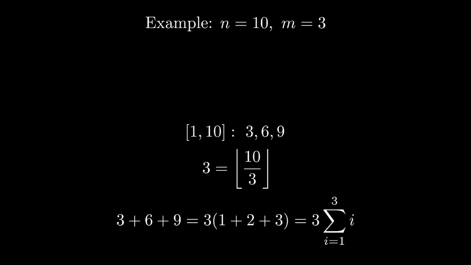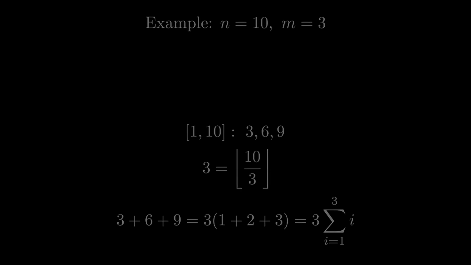Naturally, we can generalize this concept to any integers n and m. So how do we do that? We have determined already that there are three numbers from 1 to 10. In this case, there's going to be floor of n over m integers from 1 through n that are divisible by m.